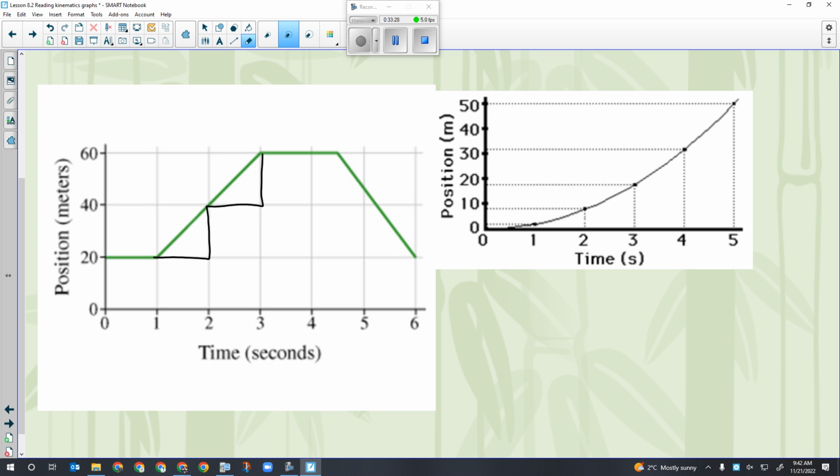In the first second, the object goes this far. In the second second, the object goes that far. In the second after that, the object goes that far. In the second after that, the object goes this far.